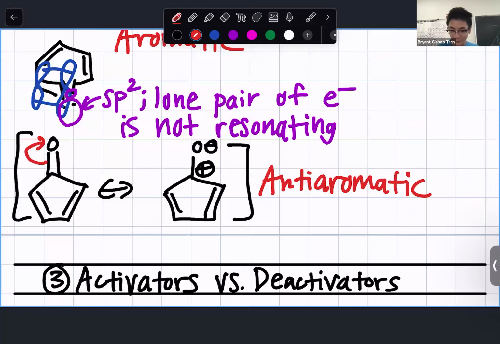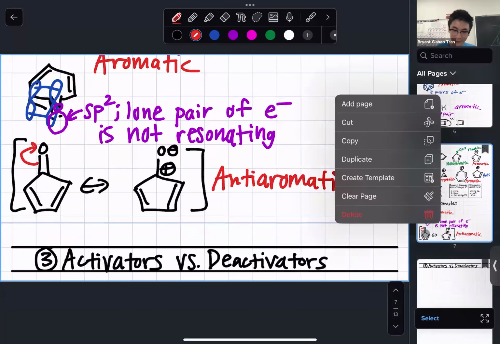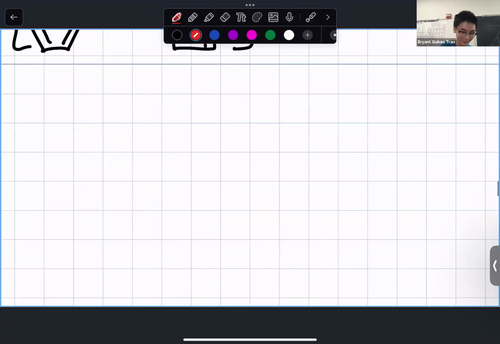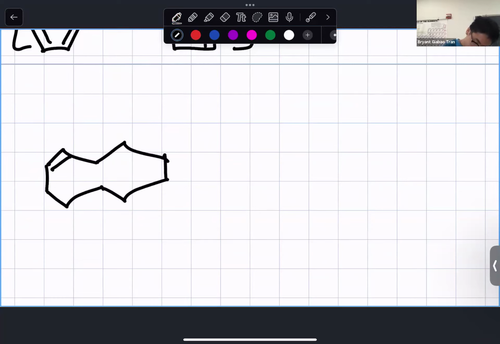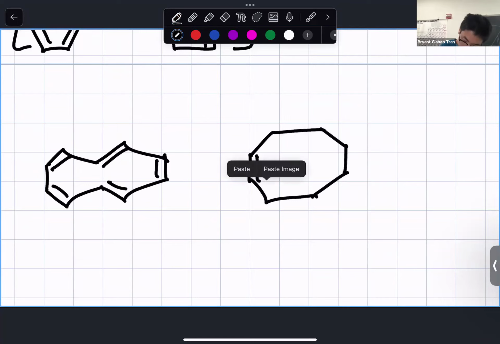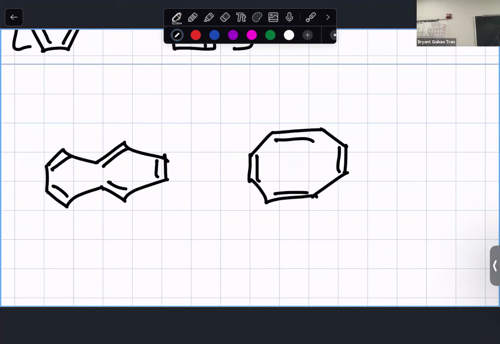So the other weird example are non-planar molecules like this. Right, when you see this structure here, we know that there are hydrogens on these carbons, but they have steric hindrance because they're so close to each other.